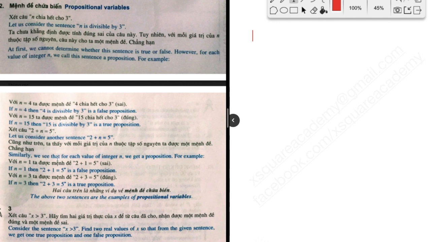We see that for each value of an integer n, we get a proposition.